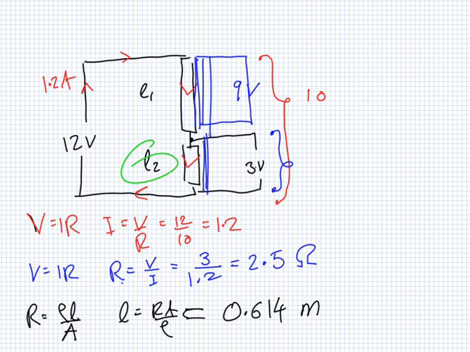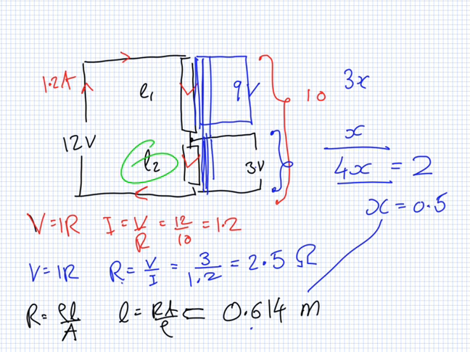Therefore, the length here is 3 times the length here. So if this is 3x and this is x, I add them together, what do I get? 4x. But what is the total length? It's 1.5? No, 2 meters. So then x equals 2 over 4, 0.5. So it's not quite the same.